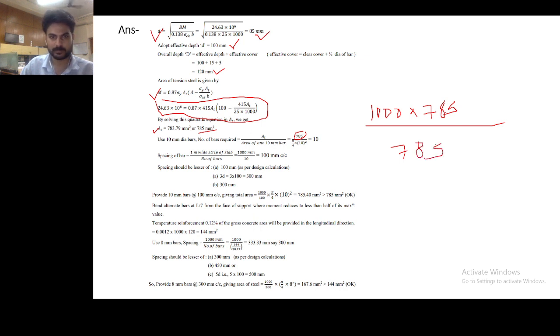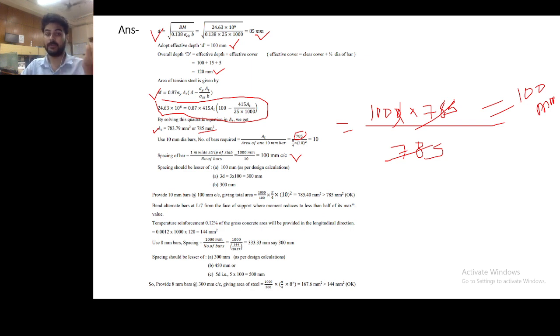So by dividing that, we get 100 mm. Here also they got the center to center distance directly, but they have calculated by a different formula. We already know this formula, so by this formula we got 100 mm as the center to center spacing.